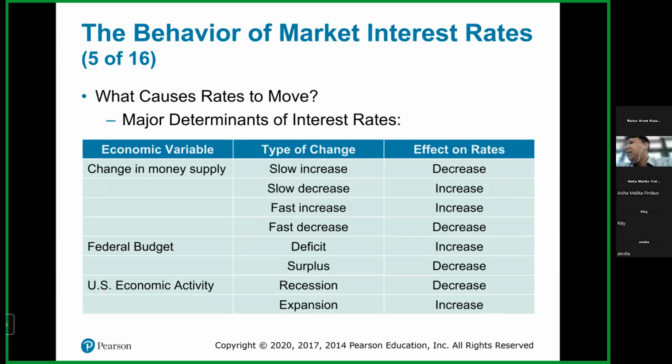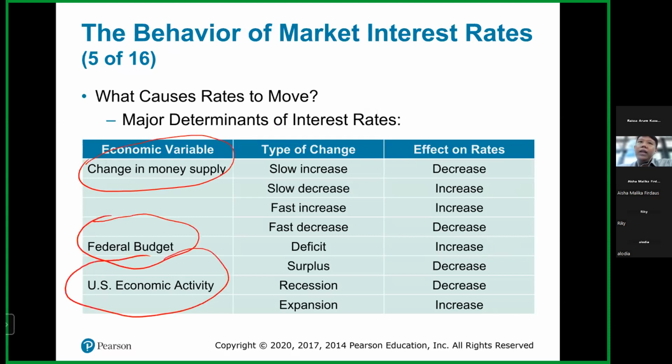These are the other determinants of interest rate: the change in money supply, the federal budget, and economic activity. A change in money supply in the market will have an effect on the interest rate.